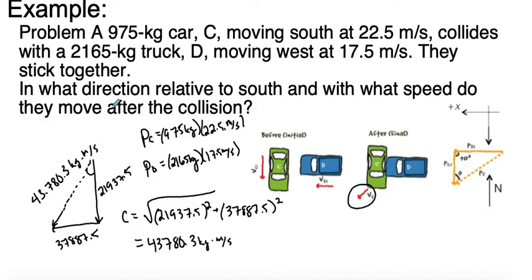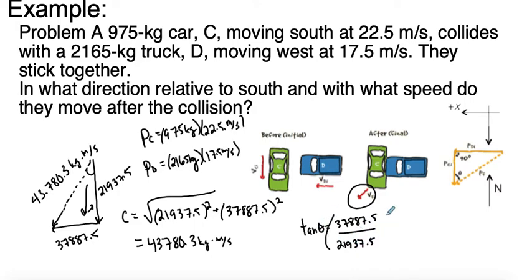So in what direction relative to south, and with what speed do they move after the collision? So this would be my southern vector there. So we're looking at this angle right there. And again, just like we did up above, we're going to use tangent. So tangent of theta is opposite over adjacent. So it's going to be 37,887.5 over 21,937.5.